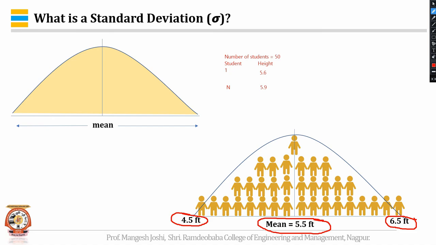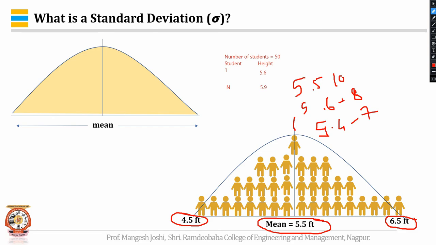As per normal natural phenomena, you will get more students near this mean line. Let's say there will be 10 students having height 5.5, or 8 students having 5.6. Similarly, there will be 7 students having height 5.4, like that.